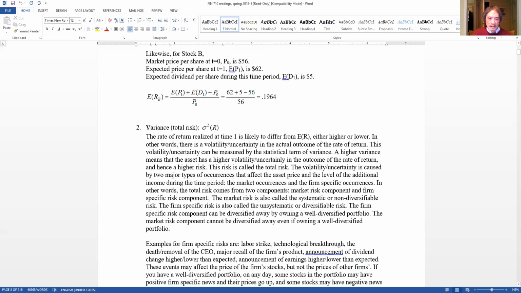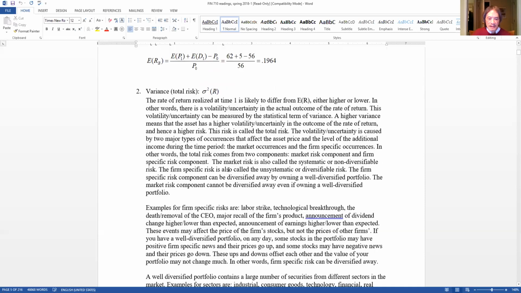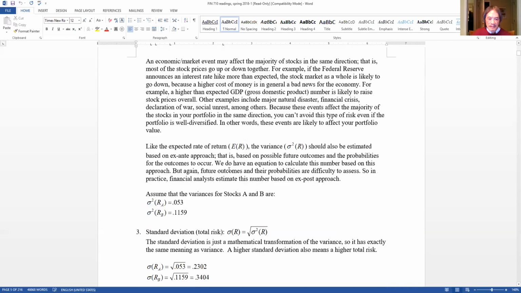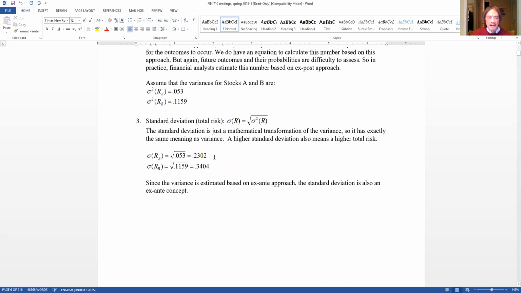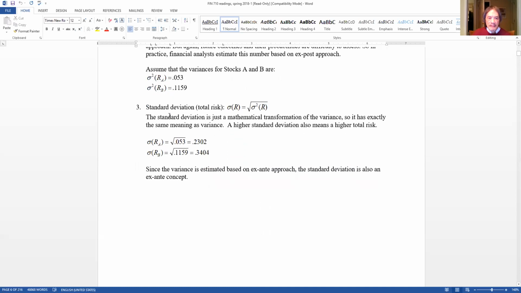And for the variance, we have 0.053 for A, 0.1159 for B. And we take the square root for the variance to get a standard deviation.